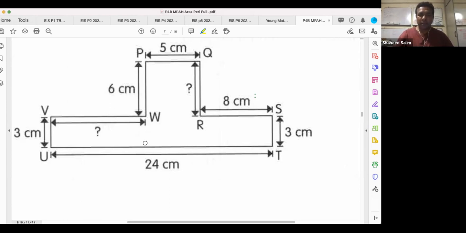Well, we know this part is down here, right? From here to here, we don't know yet. But from here to here, this is 5. How do we know it's 5? Down here is 5, so must be 5 lah. From here to here. And down here to here is 8. You want to find this one, very simple.